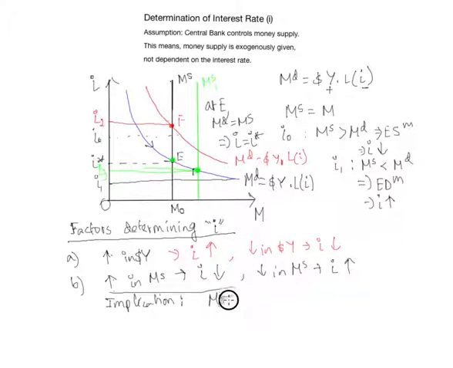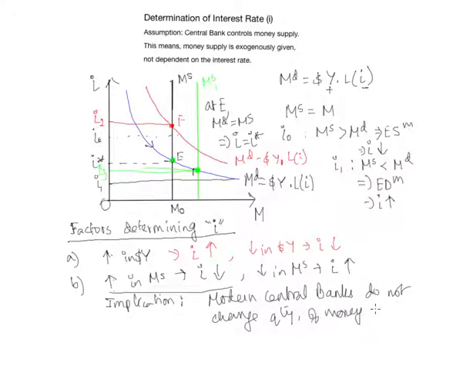Because of this, modern central banks do not increase or decrease the quantity of money. They target the interest rate. They decide whether they should lower interest rate or increase interest rate.